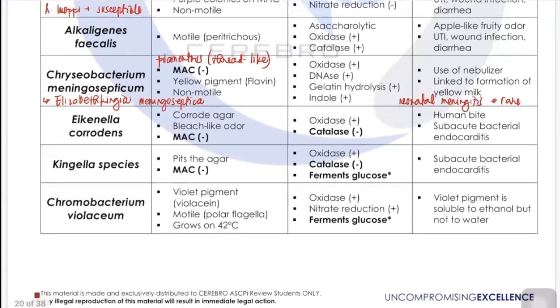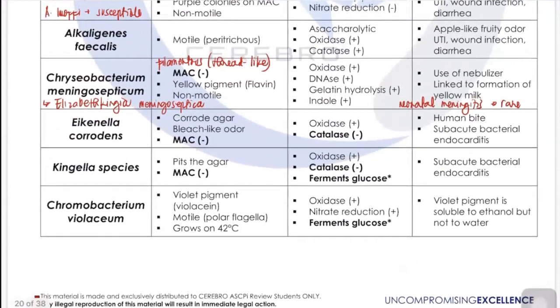Okay, let us now proceed with Chromobacterium violaceum. So this one is an opportunistic pathogen. Of course, no, do not forget about its violet pigment. It is motile with polar flagella and also grows at 42 degrees Celsius. Okay, so together with Kingella species, they are capable of fermenting glucose.